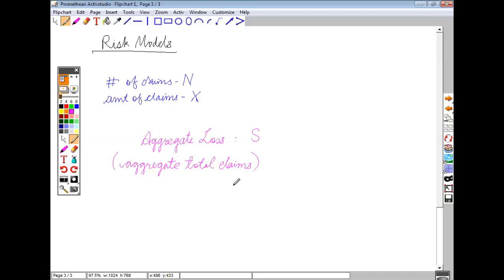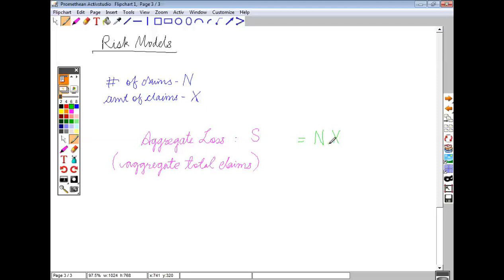N into X. So when you say N into X, are there any implicit assumptions that you are assuming? Is this in a particular year?